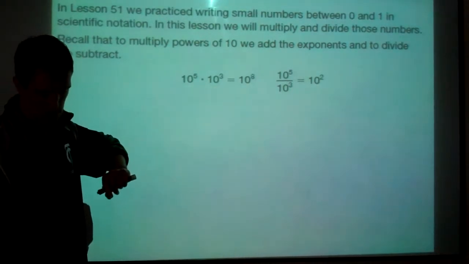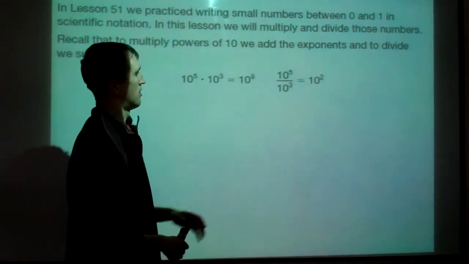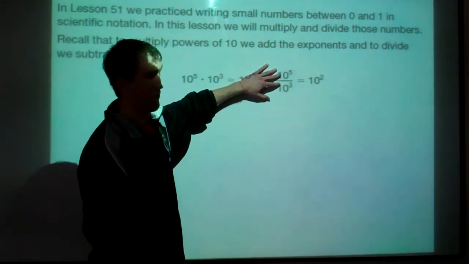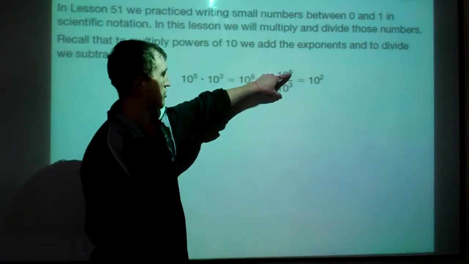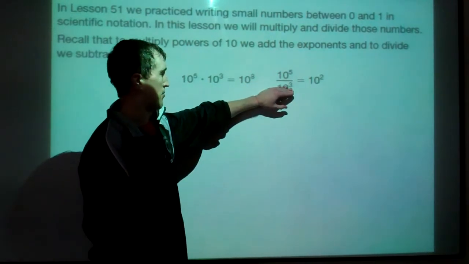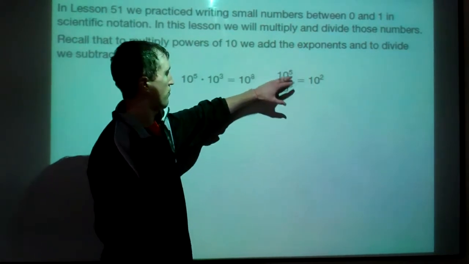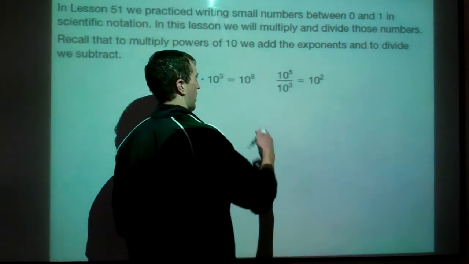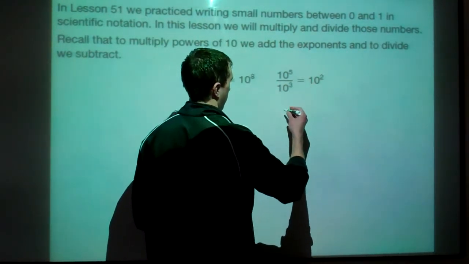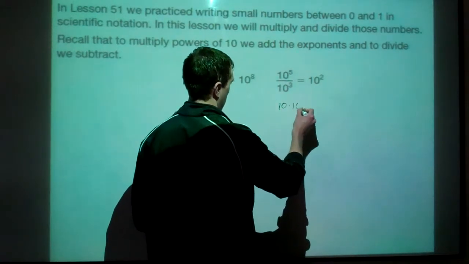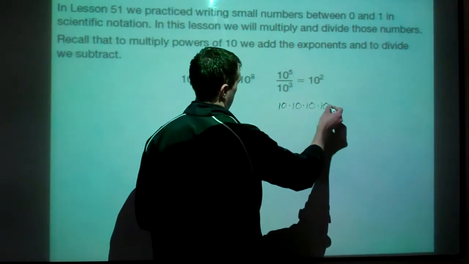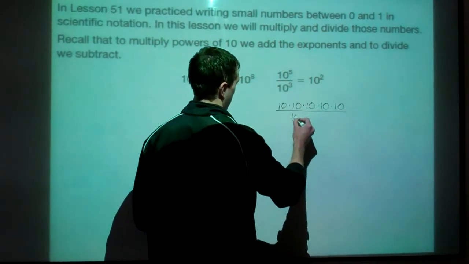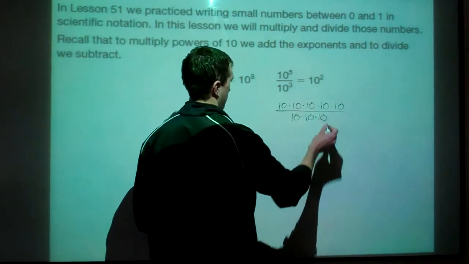As will the other part, where we divide: 10 to the 5th divided by 10 to the 3rd. If we had the same base when dividing, we could subtract the top exponent and the bottom one, and that's where they get 10 to the 2nd from. 5 minus 3 is 2. And remember that if we wrote that out longhand, 10 to the 5th, once again, is 10 times 10 times 10 times 10 times 10, all over 10 times 10 times 10.